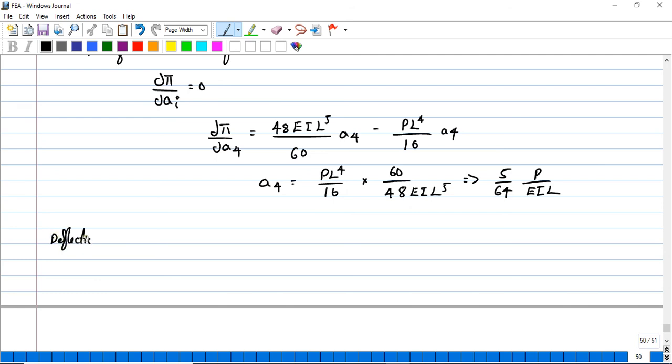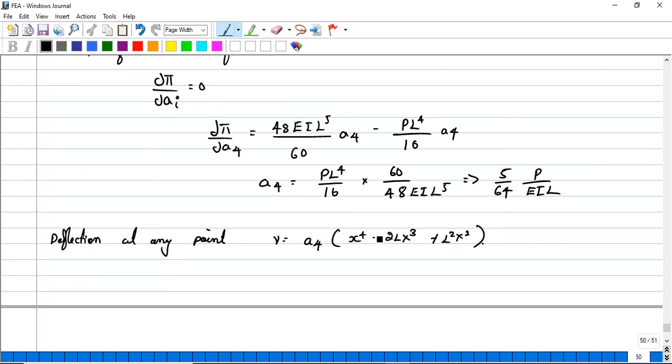deflection at any point is given by V, and that particular equation is nothing but A4 multiplied by x raised to 4 minus 2L x cube plus L square x square.